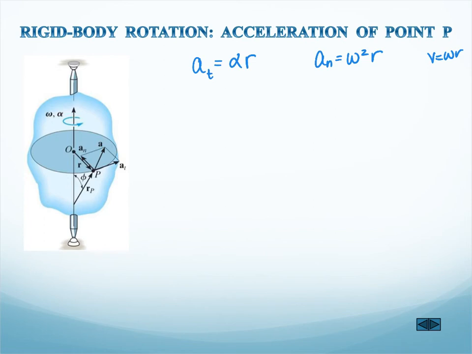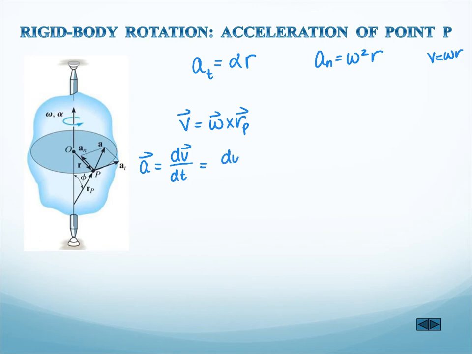So anyway, let's start with this expression and see if we can get some equivalent vector expression for acceleration, because acceleration is just the derivative of the velocity with respect to time.